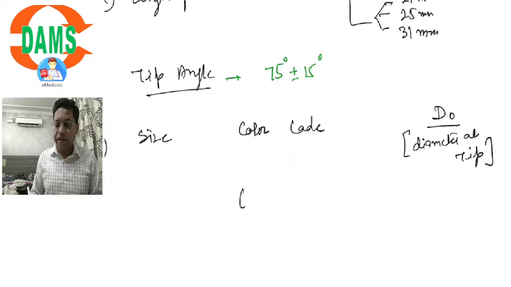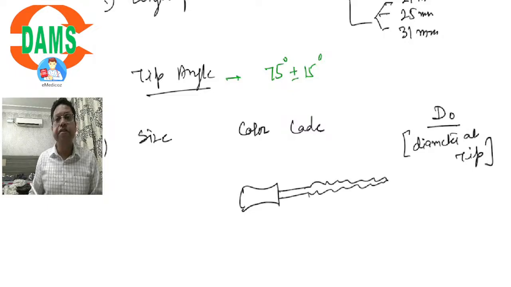I will again draw the diagram for this: the handle, the shank, and the blade. This instrument has the narrowest diameter at the tip, called D0. Diameter at 1 millimeter from the tip is called D1. At 2 millimeters from the tip is called D2. 3 millimeters from the tip is called D3, and so on up to D16.